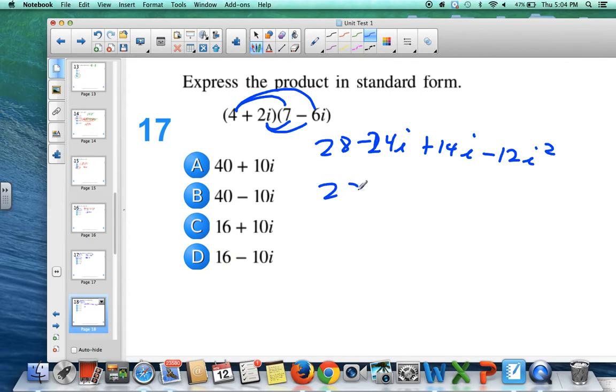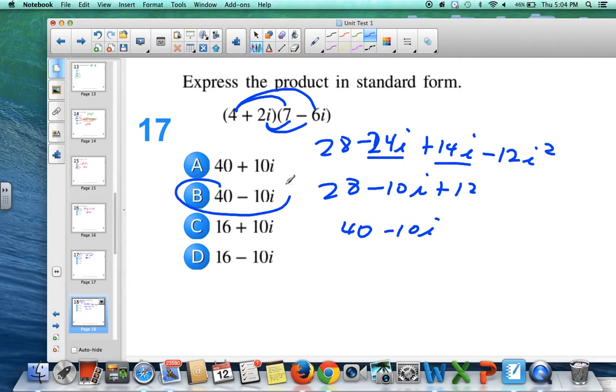So this becomes 28. These two combine together to be minus 10i. And this is minus a negative 12, because 12 times negative 1 is negative 12. So negative times a negative is positive, so plus 12. So 28 plus 12 is 40 minus 10i. So that's going to be right here.